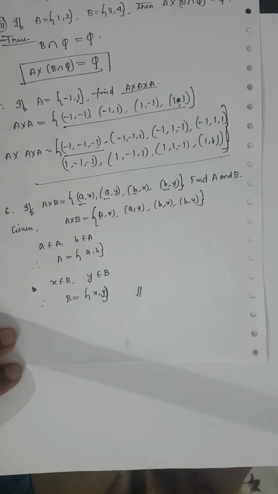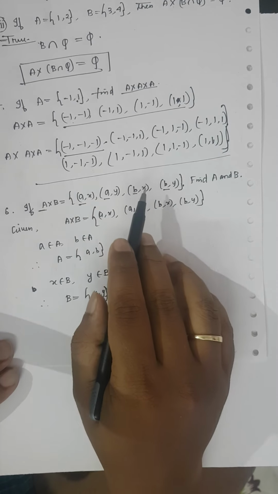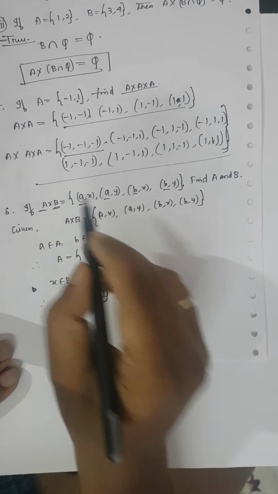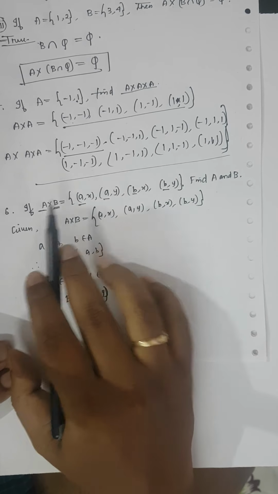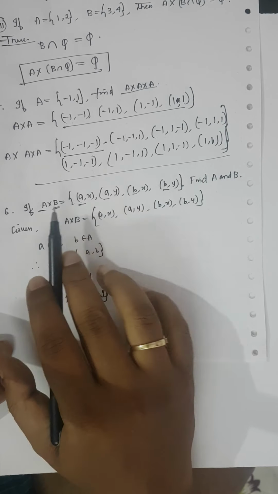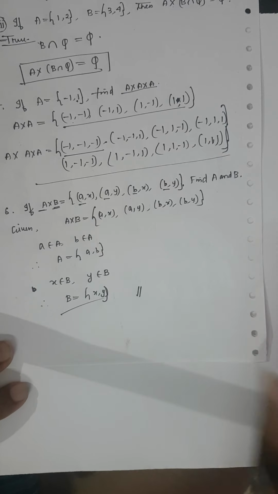So the first element belongs to the first set, and the second element belongs to the second set. Here a and b belong to set A, and x and y belong to set B. So you can find A and B very easily.